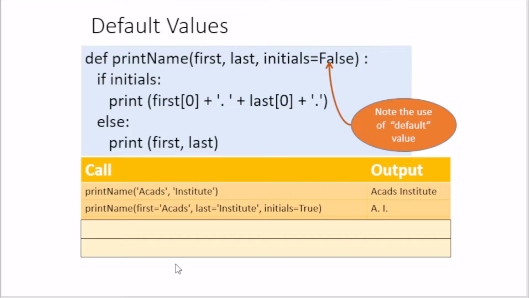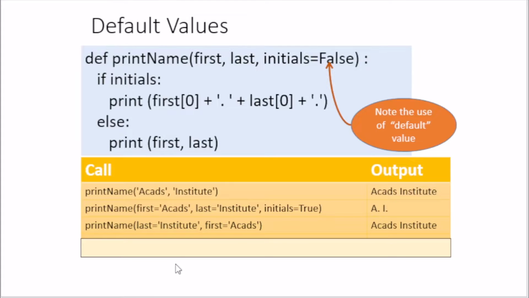So as per this, we will get the output as A.I. Next time, we have specified last equals to institute, first equals to ACADS, and we haven't passed any third argument, so it will take the default value for the third argument. And again you can see here we are binding the variable with the value, so no need to follow the order over here.